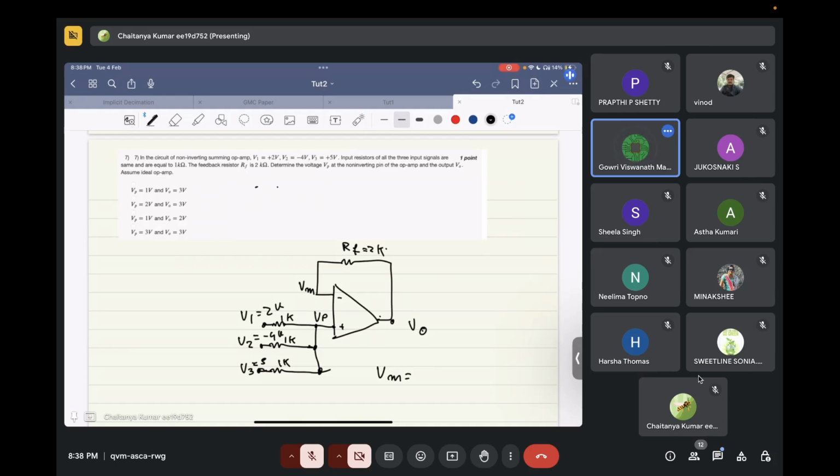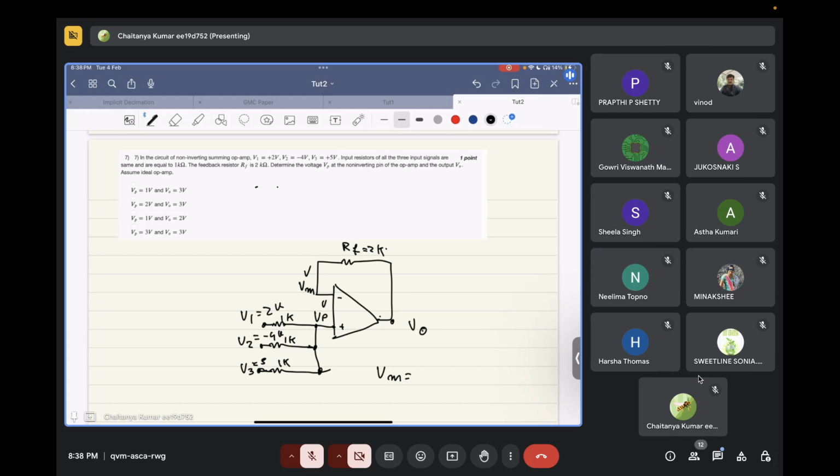The input to the op amp differentially has to be zero, right? So if this is Vp, Vp and Vm will be equal. In this case, the virtual ground concept applies where the positive terminal is connected to ground, so the negative will also connect to ground.